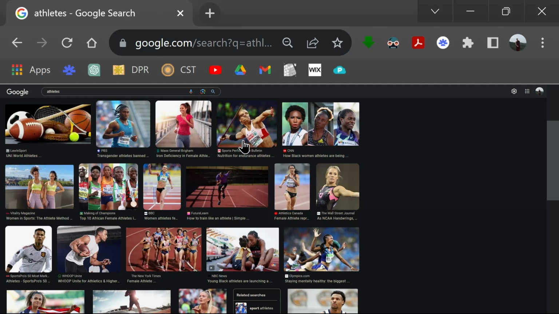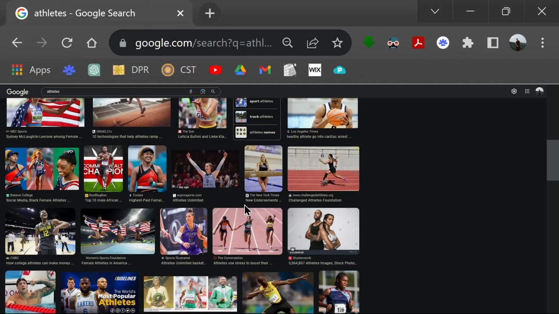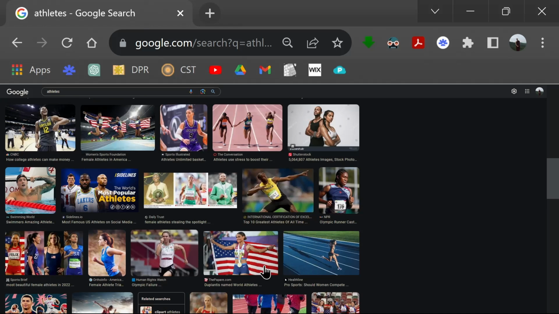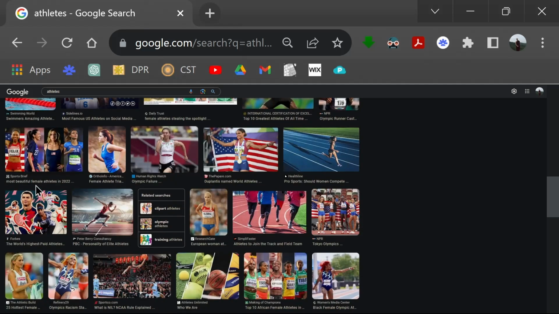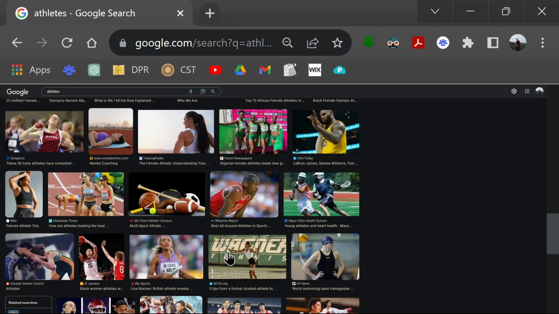These are different types of sports, different modalities. The football, all these games, and these are all athletes. Swimmers, you see swimmers. Athlete, sportsman, sportsmen.